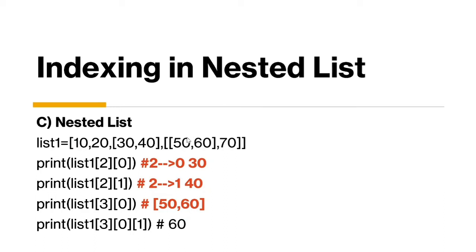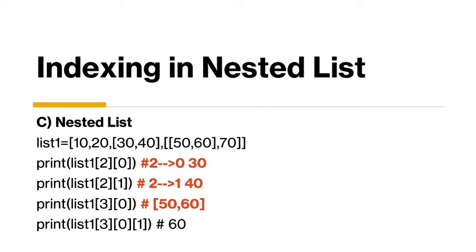In turn, if I want to retrieve 50 alone or 60 alone, I can use a third bracket, and which will be representing as 3, that is the third element of my list, 0, that will be the first element of that particular list, that is 50, 60. And if I talk about 1, so that will be 0 and 1. So I should get 60 over here.